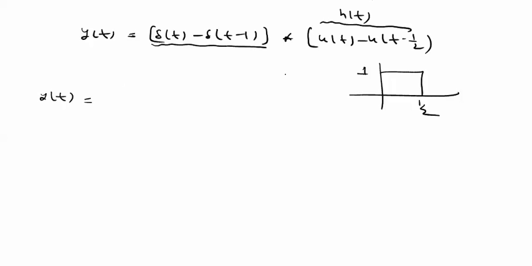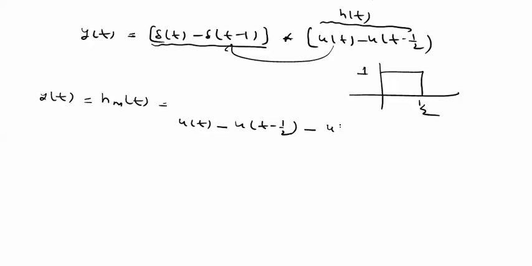The impulse response of that particular filter, which is known as the match filter, h_m(t), comes from convolution between these two terms. If u(t) is convolved with delta(t), the result is u(t). So u(t) convolved with u(t) minus u(t minus half), minus, plus terms with delta(t minus 1) and the last one u(t minus 3 by 2).